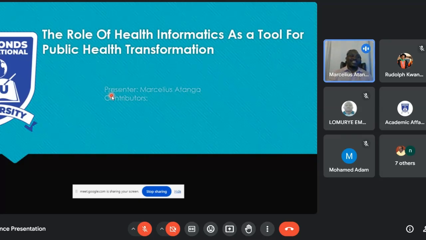How do I approach this? That's a good one. So I will go back to what I said earlier. Health informatics, which is interchangeable with medical informatics, refers to the collection, the storage, the processing. I'm being a bit careful about this word processing.